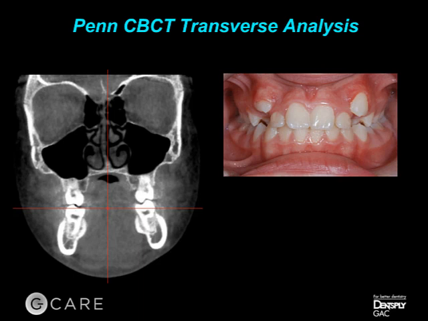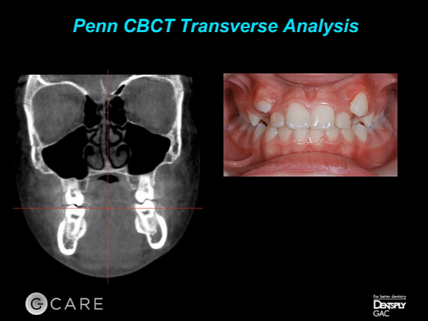Okay, so we can see on the frontal cut and on the intraoral image, now we see canines that are ectopic. We see no crossbite in the posterior teeth. There are a lot of people that I would suspect I have shown this case to that said, okay, well, we need to extract teeth because there's not enough room, or we need to expand the teeth to make room.